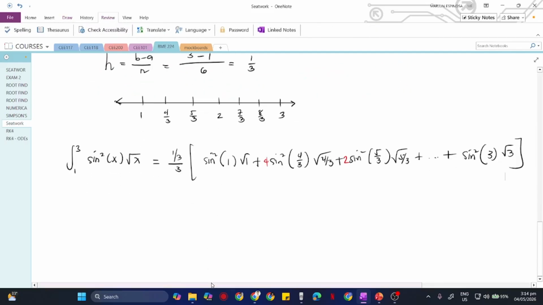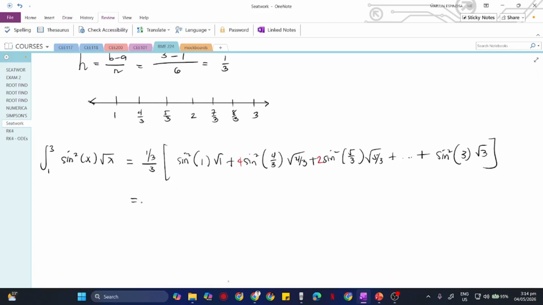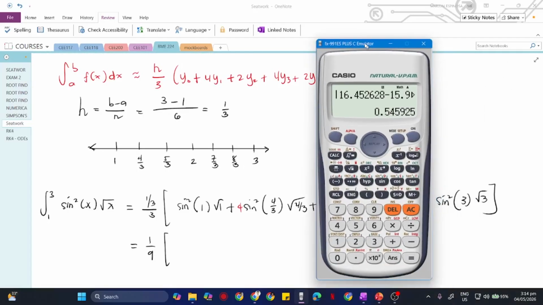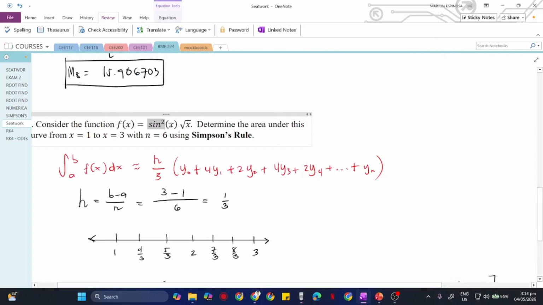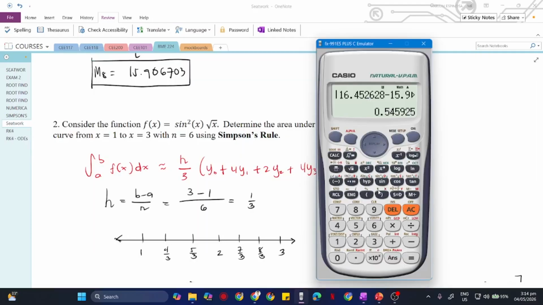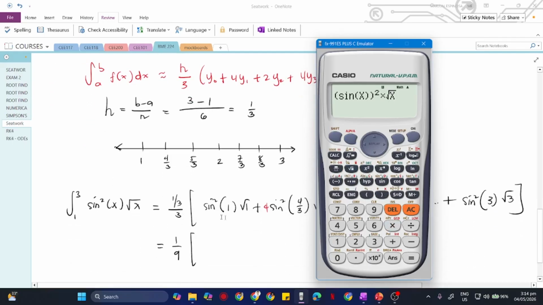Okay? So, gawin na natin yan sa calculator. So, this is 1 over 9. So, sulat lang natin yung function natin. And make sure na naka-radian mode kayo kasi we are dealing with trigonometry. Kapag hindi kayo naka-radian mode niyan, good luck. Okay, sin x square. Tapos, multiplied by square root of x. So, unahin natin kukunin yung 1. Calc 1.